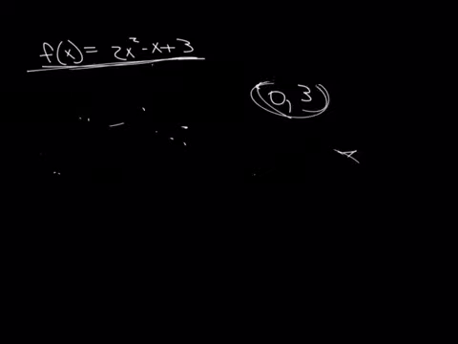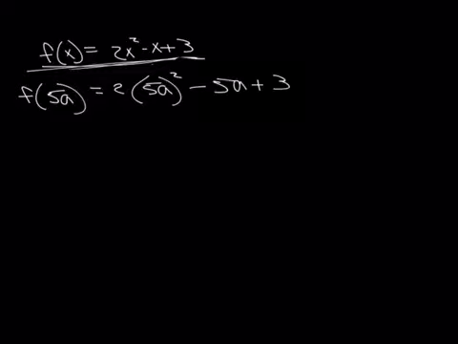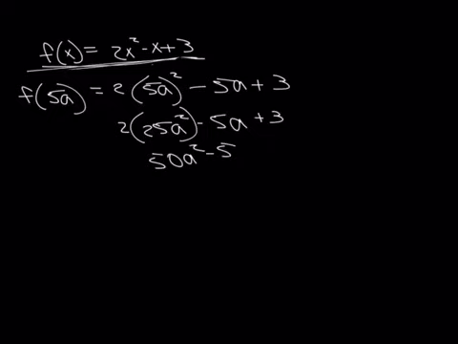All right, let's look at one. Let's look at C here. C has a little bit different part to it, but it's done the exact same way. So don't let the letters mess you up here. 5a. And again, this is why I write everything out. So this is going to be 2 times 25a squared minus, this is as simple as I can go.